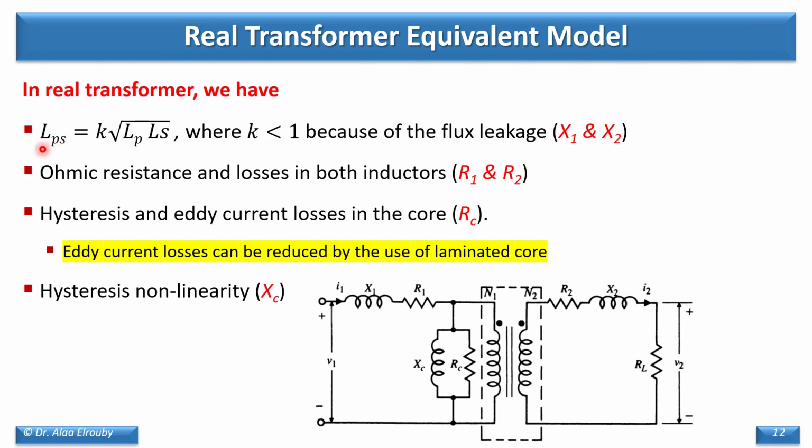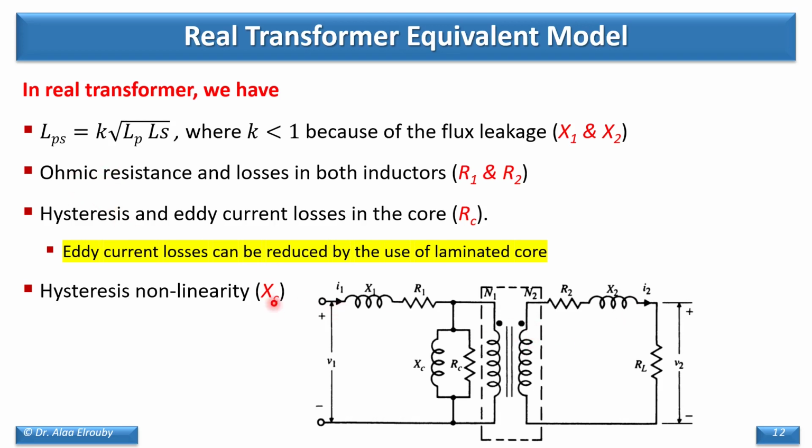So the mutual coupling between the two inductors is related to a factor k that is less than 1, slightly less than one because there is some flux leakage, and this is represented by x1 and x2. So those represent the leakage, how much flux goes out of the core.